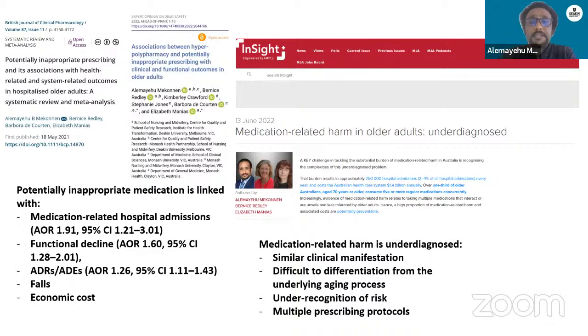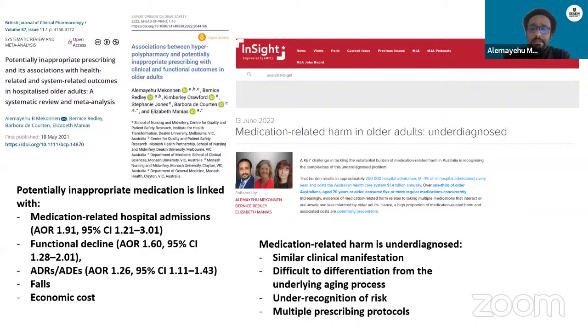It may also be difficult to differentiate from the underlying aging process. Sometimes aged people have a number of geriatric syndromes, and those geriatric syndromes resemble some of the symptoms or clinical manifestations associated with medication-related harm. That may be one plausible reason.